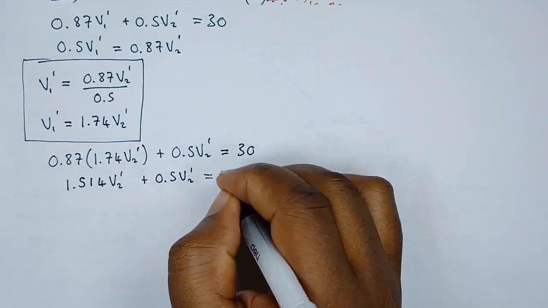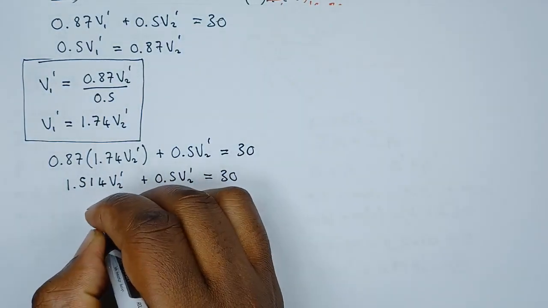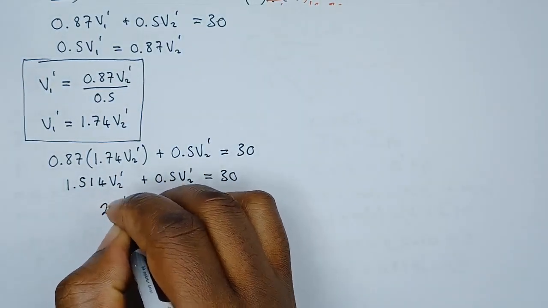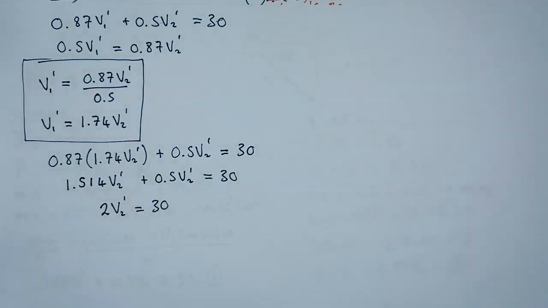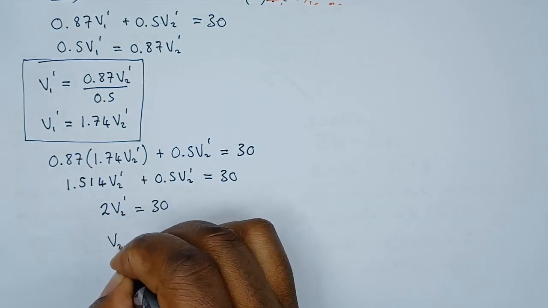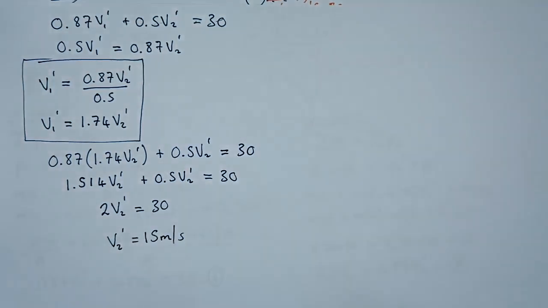So everything is equal to 30. If I add these two, because they're like terms now, let's just say 2. So we have 2 v2 prime is equal to 30. If I divide both sides by 2, v2 prime will be equal to 15 meters per second.